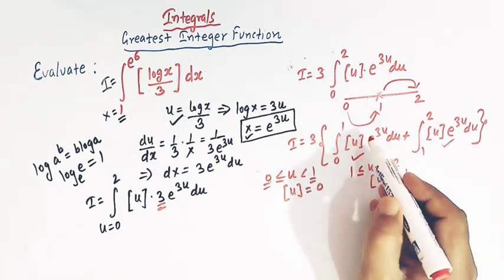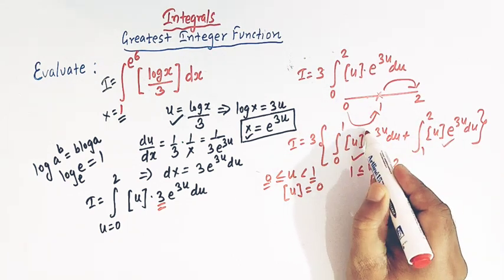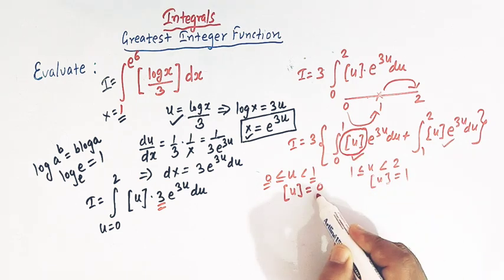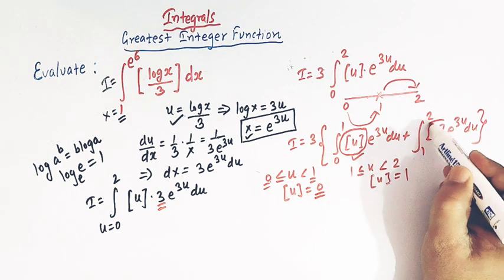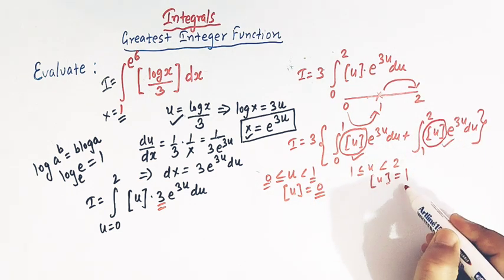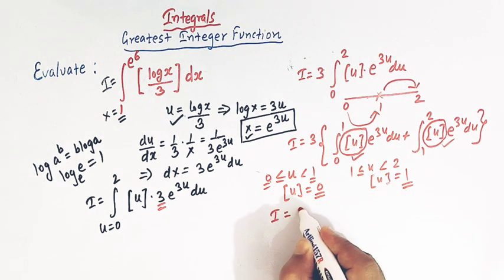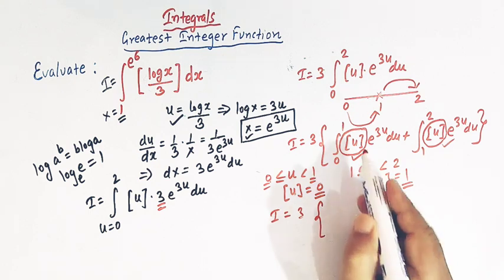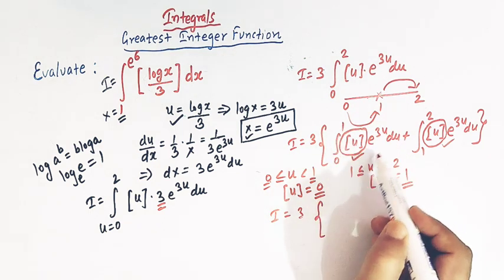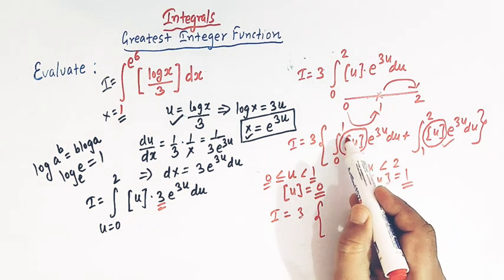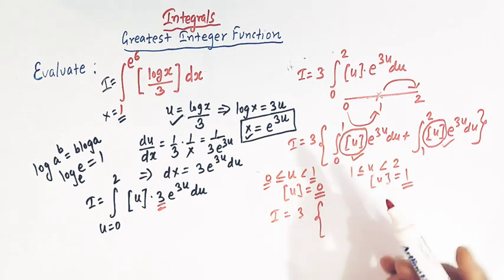So now here for the greatest integer of u, we can take 0, and here for the greatest integer of u, we can take 1, right? So obviously the first integral disappears. The value of this integral becomes 0, because here the greatest integer of u is 0.